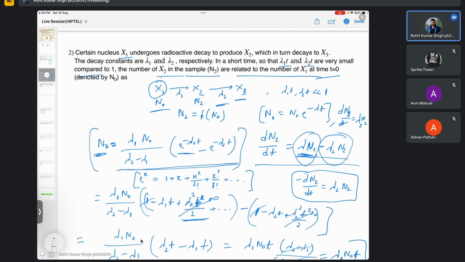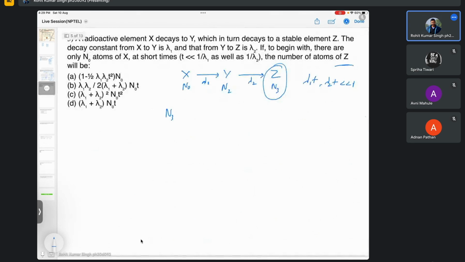So the expression for n2 is here, okay, and you have to just solve another differential equation, and then you can get the expression for n3. This derivation is a little involved.